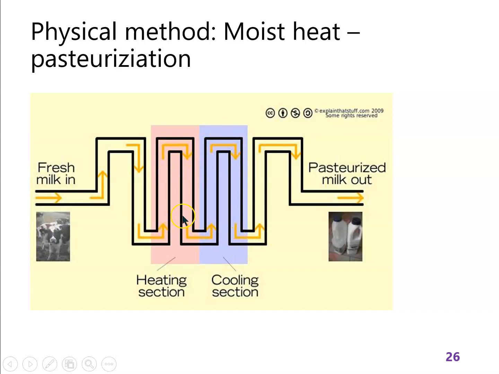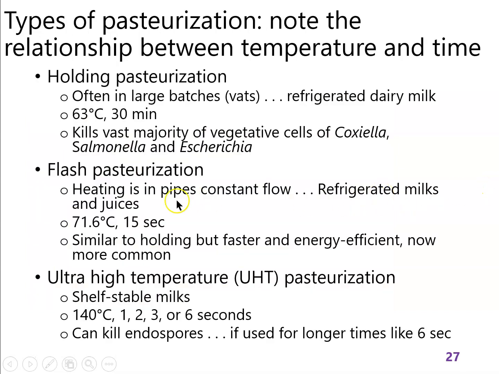And this allows us to keep things moving through the factory and control the temperatures. And so if the temperature goes up like 8 degrees, we can achieve the same pasteurization in a much smaller amount of time. And this would be less likely to affect the flavor also.